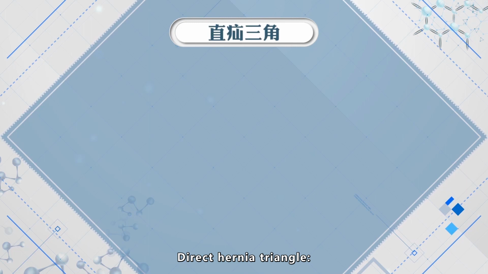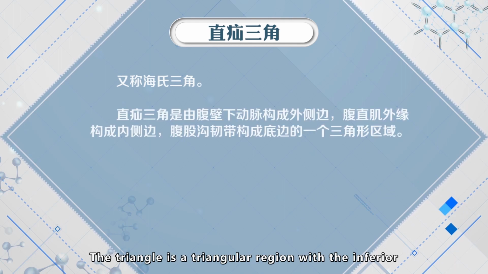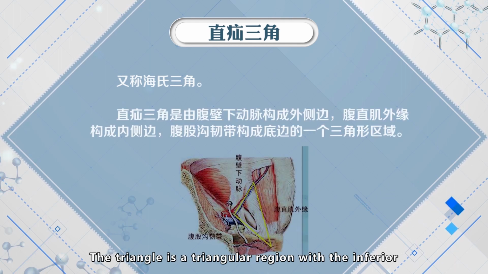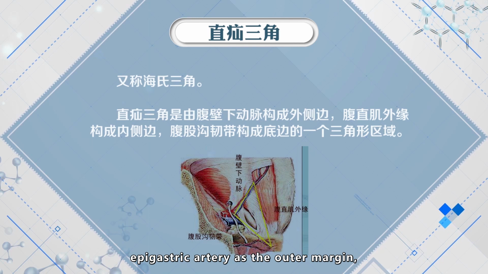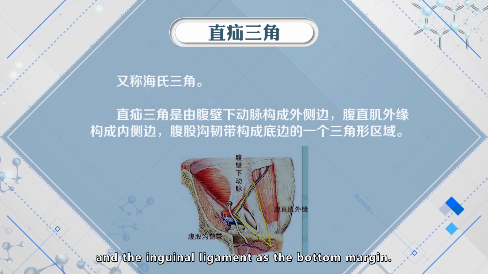Direct hernia triangle. It is also known as the Hesselbach triangle. The triangle is a triangular region with the inferior epigastric artery as the outer margin, the outer brim of the musculus rectus abdominis at the inner margin, and the inguinal ligament at the bottom margin.